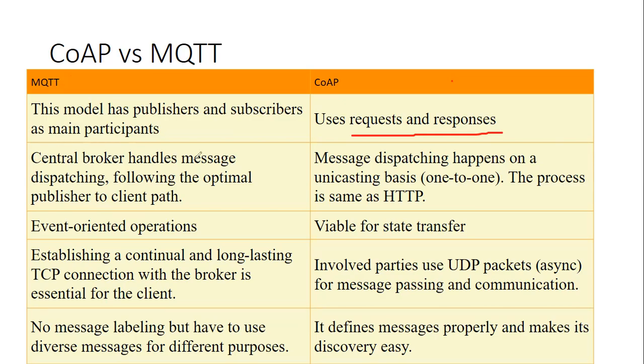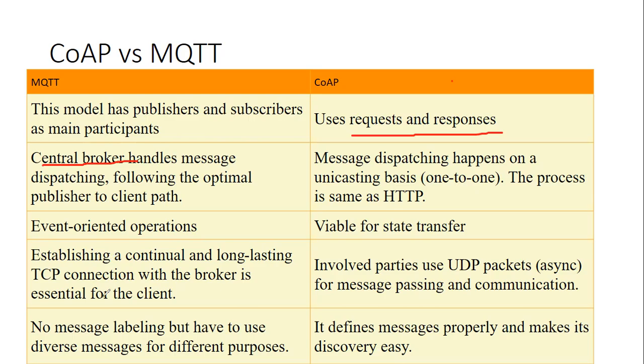In MQTT, there is a central broker which handles the messages, whereas in case of CoAP, messages are dispatched on a unicast basis. It means one-to-one basis. And MQTT is event-oriented operation and CoAP is viable for state transfer.